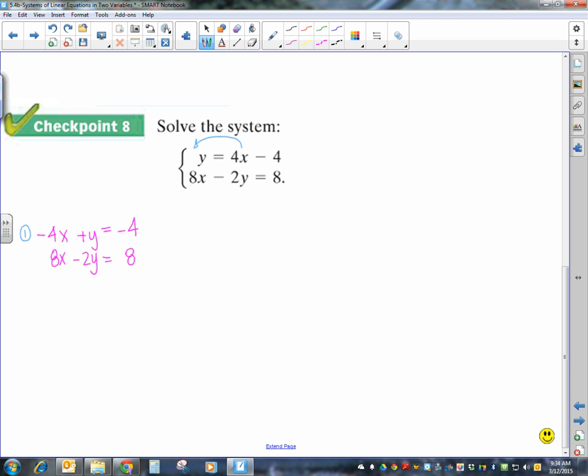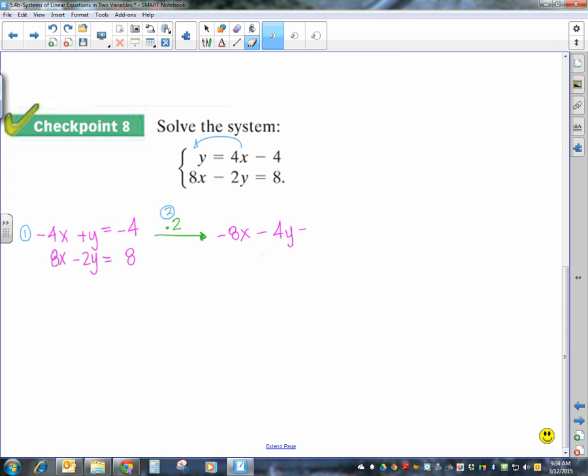Okay, step 2 says I need to multiply by something, so I have to figure it out. 4 goes into 8 two times, so I'm going to go ahead and multiply this top equation by 2. And when I do that, negative 4 times 2 is negative 8x. Wait, I'm multiplying by 2.